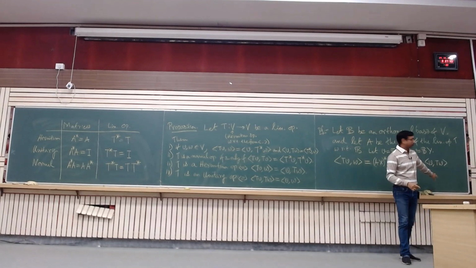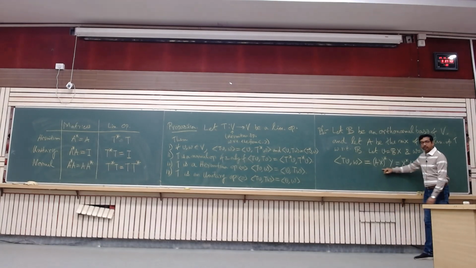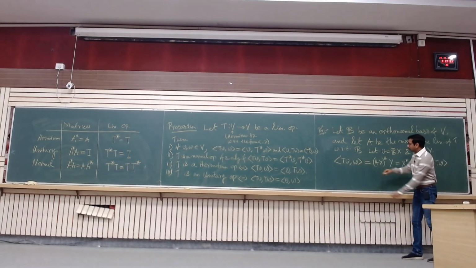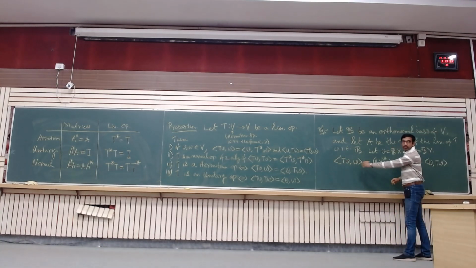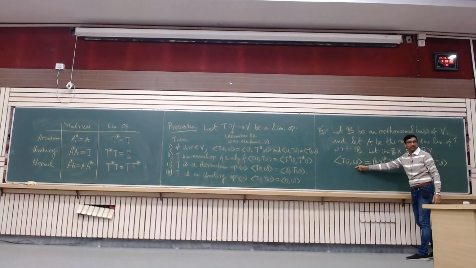Any problem anywhere? So this one, did you get it? What we are doing is taking the coordinates of this, taking the bar transpose, multiplying with the gram matrix, which is identity, so there is just identity in between, and then y, the coordinates of this.